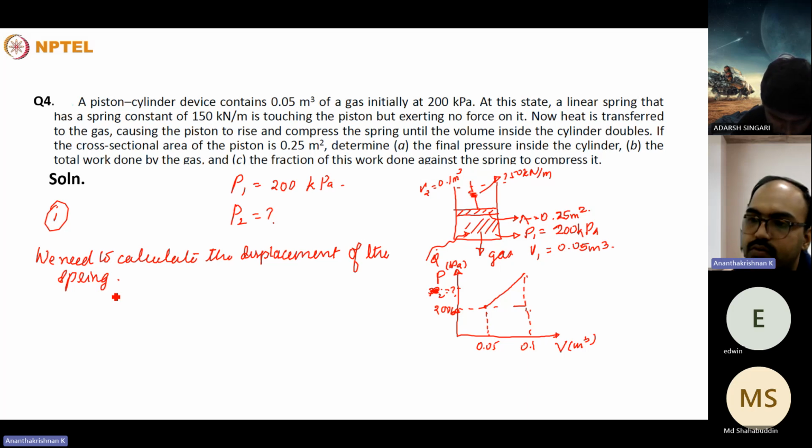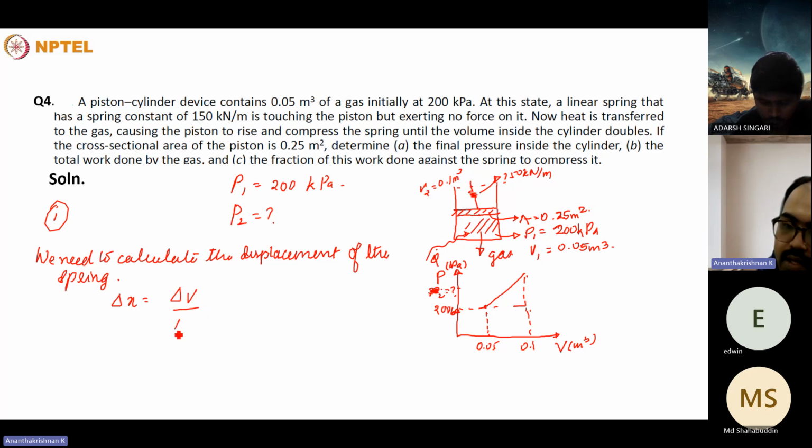This is a cylindrical domain, right? So the volume will be equal to the cross-sectional area multiplied by the length. The cross-sectional area of the piston is a constant, 0.25, and the change in length can be directly obtained from the change in volume. So the change in length delta x of the spring is given by the change in volume divided by the cross-sectional area. That is 0.1 minus 0.05, that is 0.05, divided by the cross-sectional area 0.25. We'll get it as 0.2 meters.